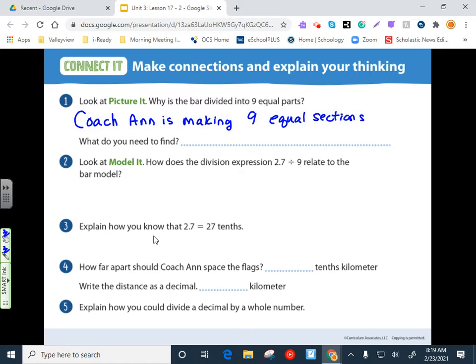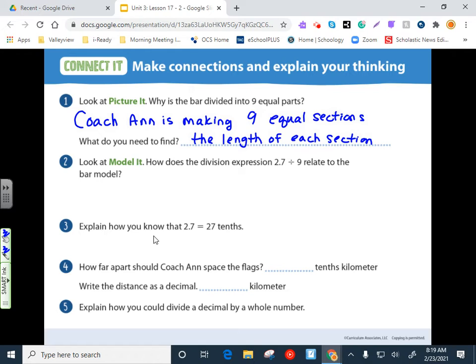What do you need to find? The length of each section. Pretty straightforward. Look at Model It. That's the one over on the left where we did the conversion from division to multiplication.